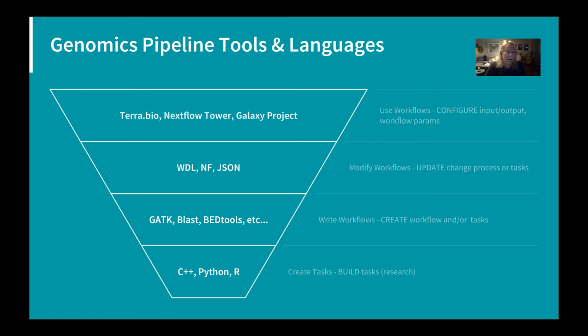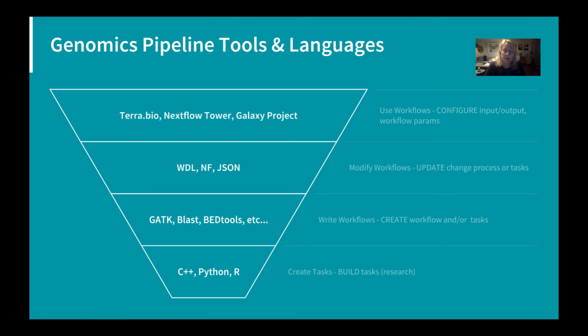It is kind of a vertical in progress, though. I would say maybe half, maybe 2/3 of my customers are working at the use-workflow level, but there's still a good bit of them that want to work at a little bit lower level.